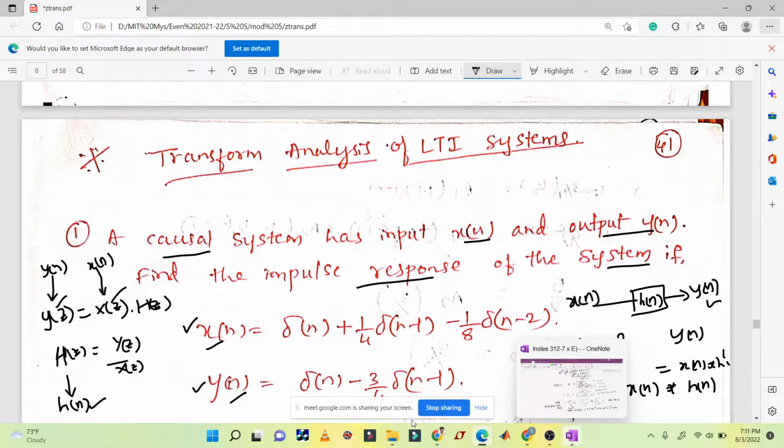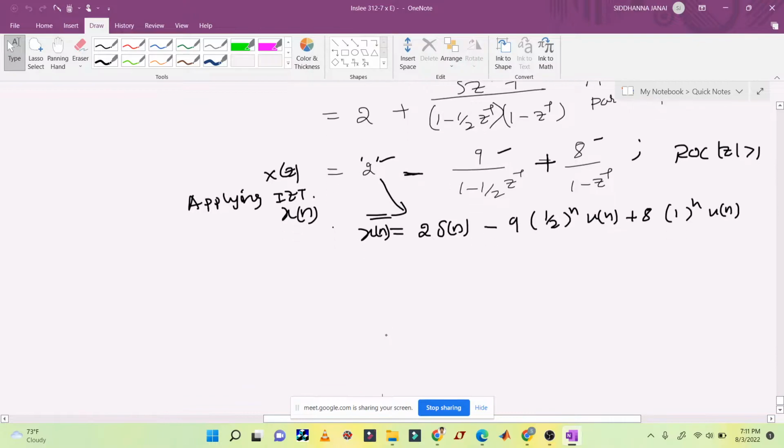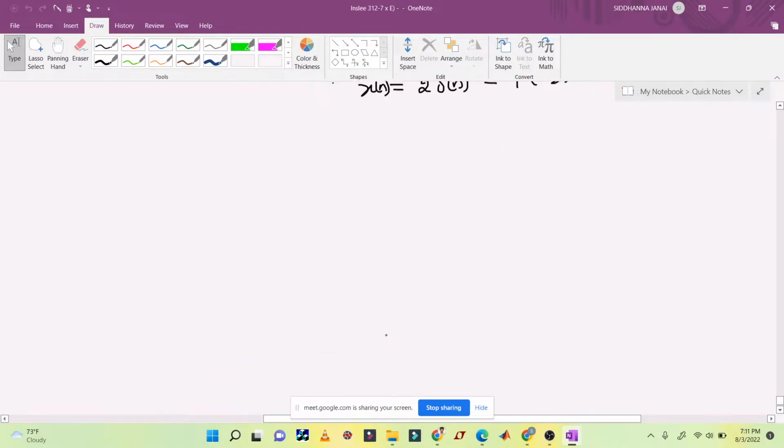Let us solve this problem. Let me write the LTI system transform analysis problems.